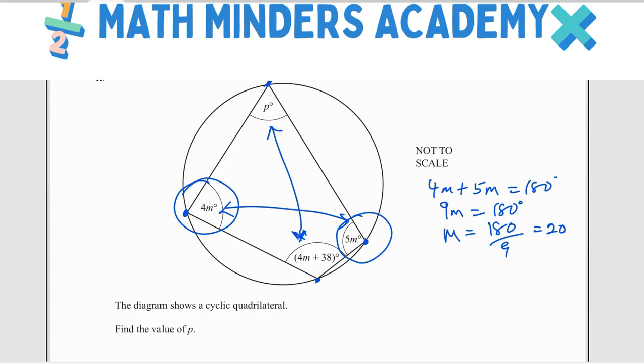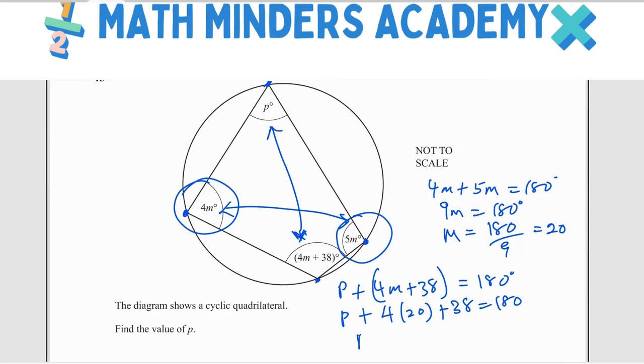And then we also notice that p plus 4m plus 38 will give us 180, another pair of opposite angles of a cyclic quadrilateral. So we have p plus 4 times 20 plus 38 gives us 180. So we have p plus 80 plus 38 gives us 180 degrees.